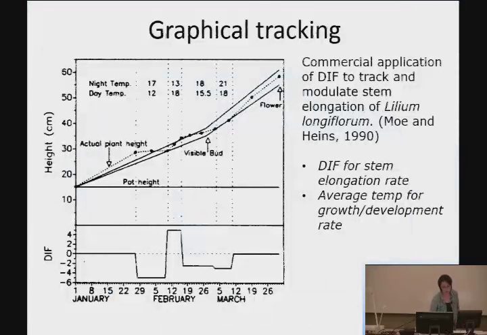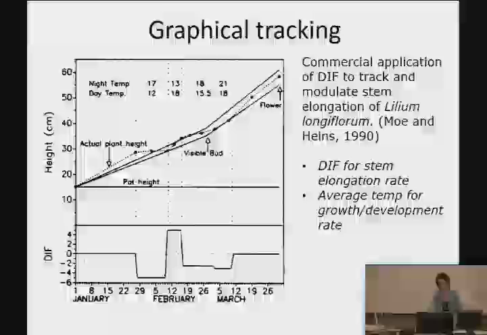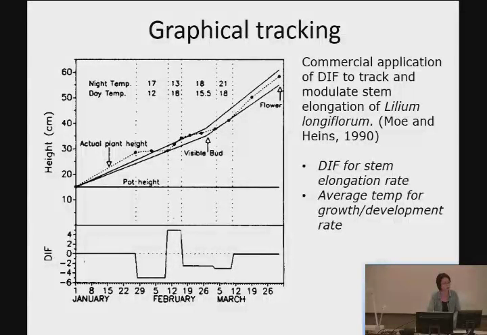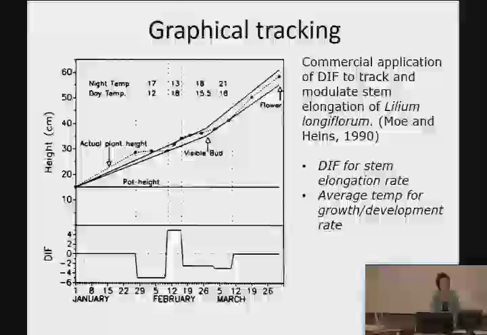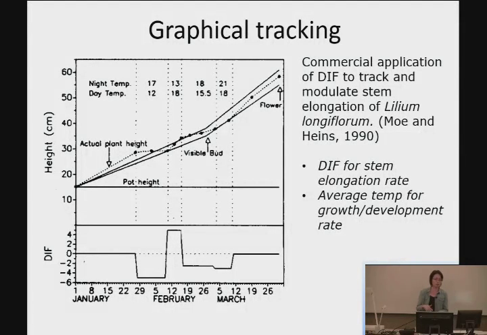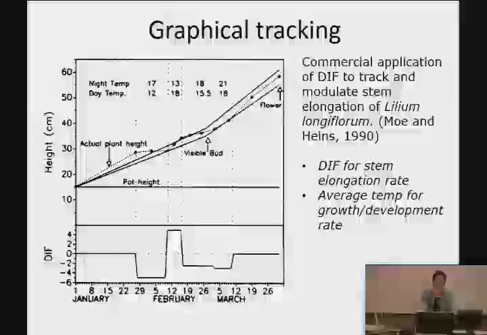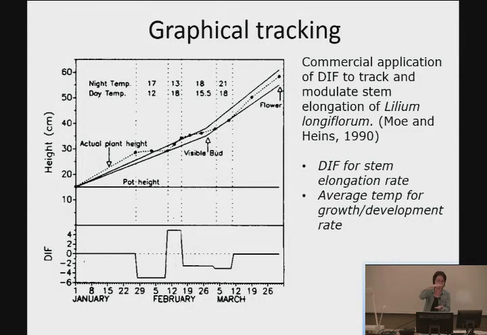Okay, so that understanding developed very sophisticated temperature-based stem elongation control, which is called graphical tracking. And that slide reading talks about that graphical tracking. So you want the target height, right? Your product, in this case, Easter Lily, is the best, premium price at that height, big flower and this height.